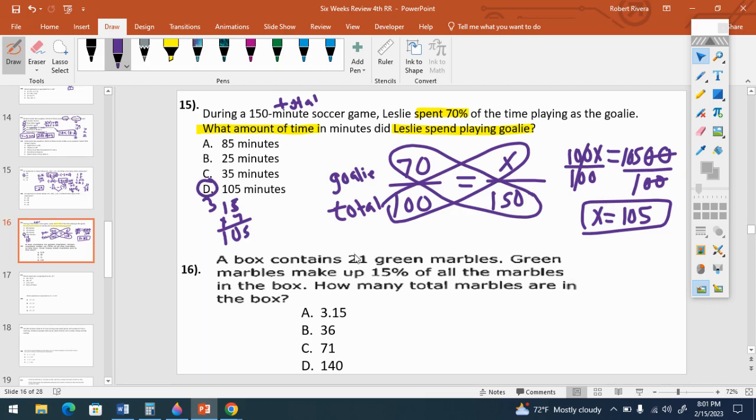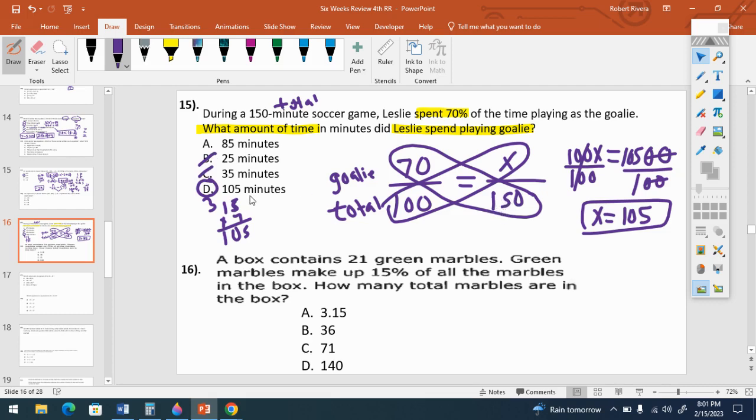Guys, it's obvious. Let's use logic too. The total game is 150 minutes, right? The percent is 70%, so it better be pretty close to 150. She spent most of the game playing. It can't be that small, and it can't be bigger than 150, by the way.